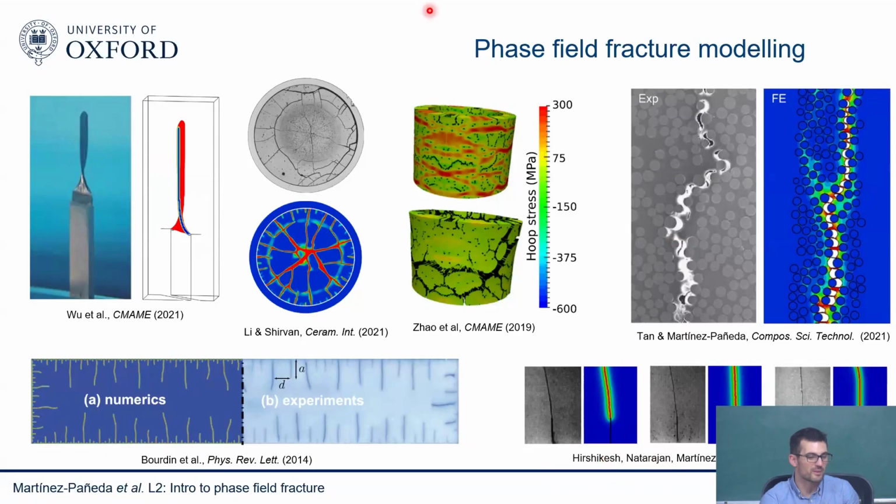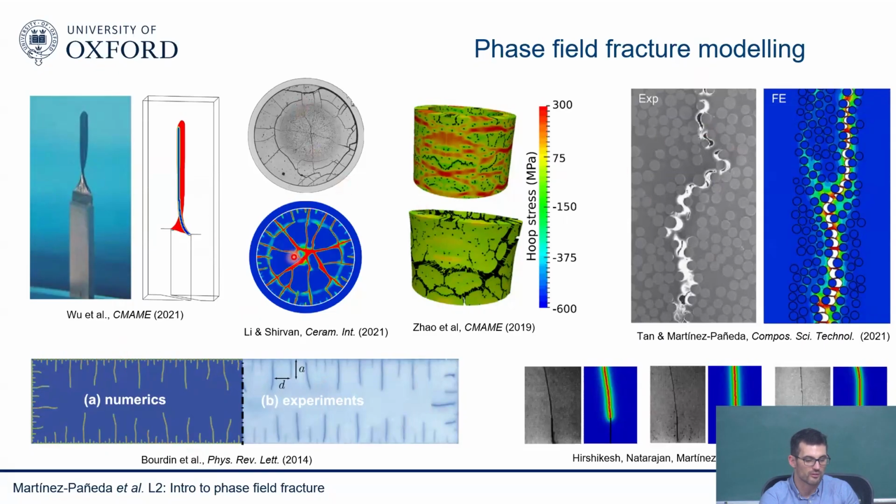But you can see why it's become so popular. These are results shown for metals, for ceramics, for composites, for functionally graded materials. For a wide range of materials, not only can you capture very complicated cracking phenomena, you can do so showing a remarkable agreement with experiments. You can see here a thermal shock, I think in a ceramic, in metals. This is for carbon fiber reinforced composites.